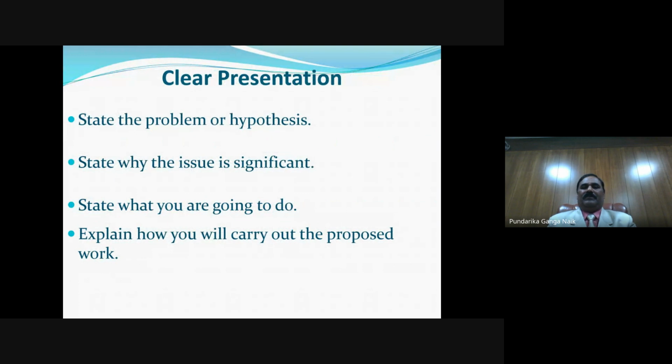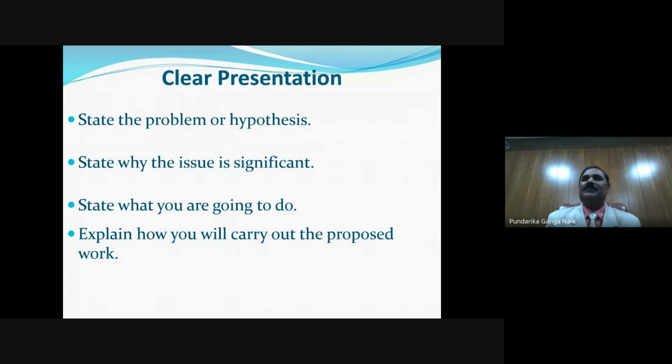You must have a clear presentation whenever you are asked for personal interaction with the experts. Many a time, for minimal grants, it may happen online. So in that case, state the problem or hypothesis. You must have a clear idea in your mind, and you should not be confused about the idea or the concept that you would propose.